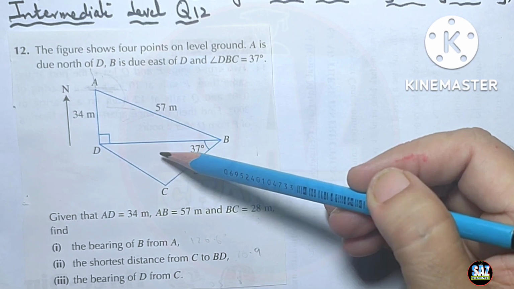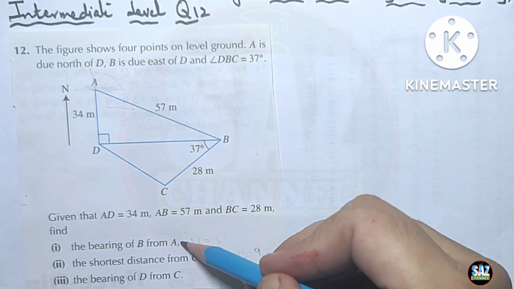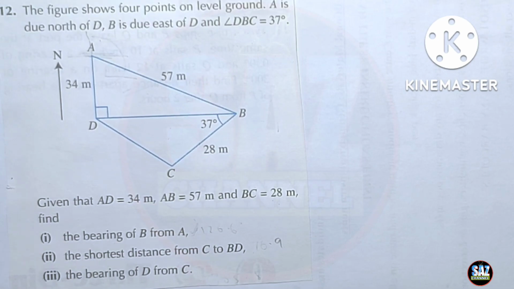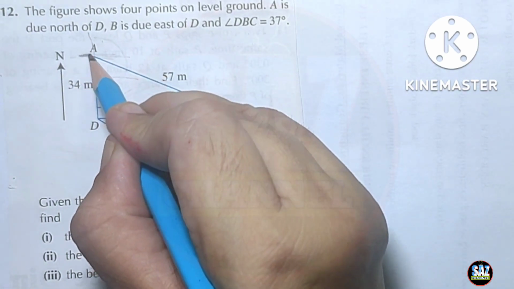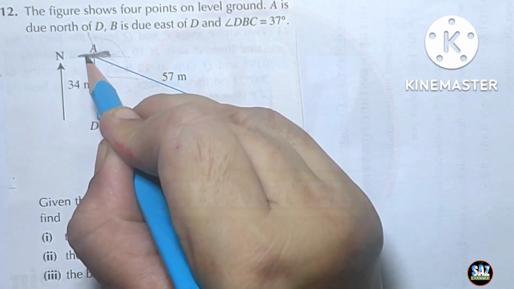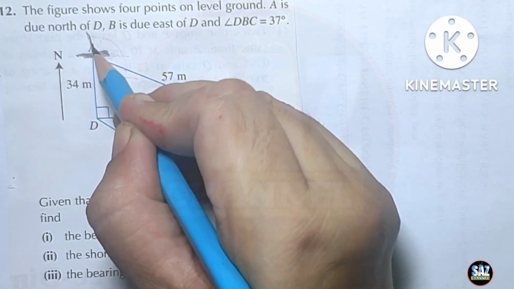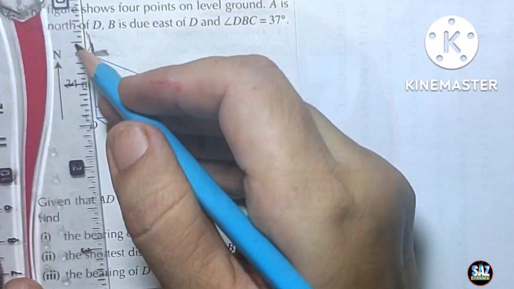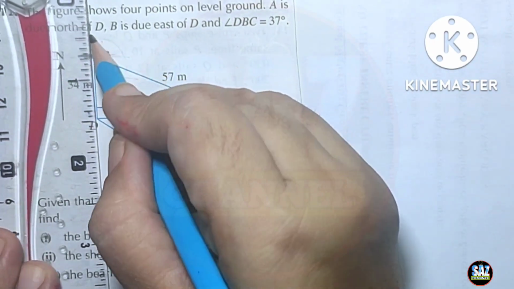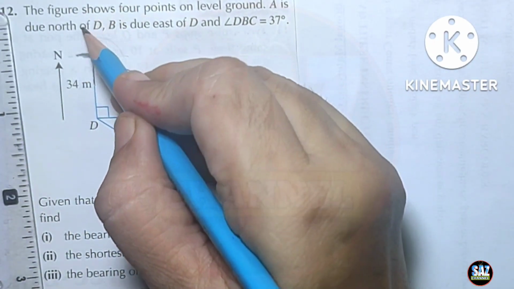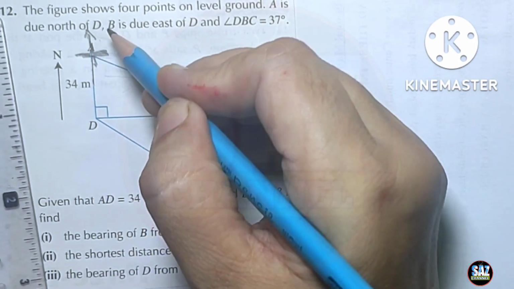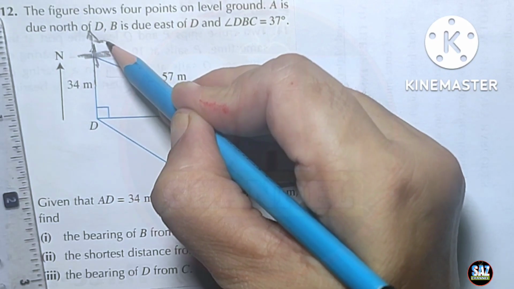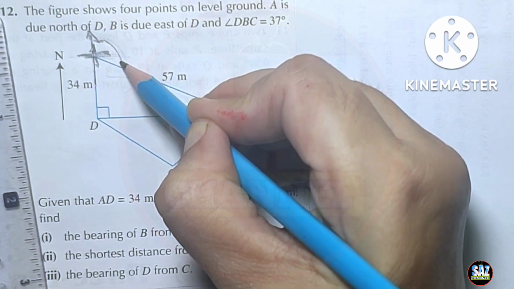The first thing is that we have to find the bearing of B from A. From A, it means that I have to draw the north at point A. Let me use the ruler. I have to draw the north at point A, and then I have to start the movement from the north at A, and I have to stop at this point.